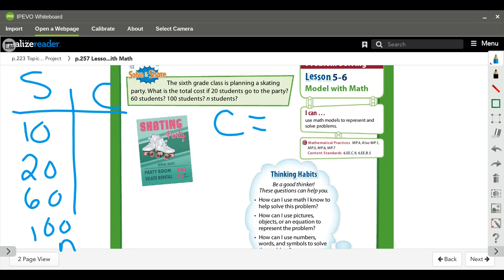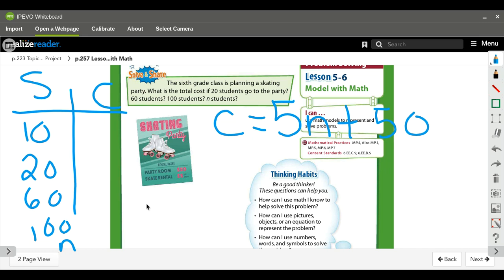Because it's $5 per person and it's going to be the same, it's going to be multiplication. So it's going to be 5n. And then the overall cost is going to be 50, so to rent the room is going to be 50. So there's my rule.